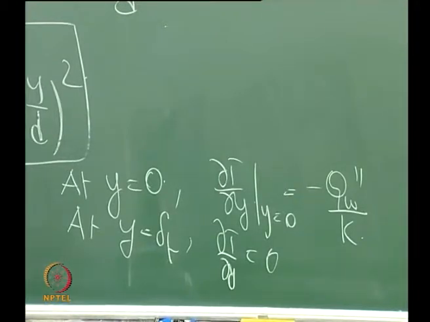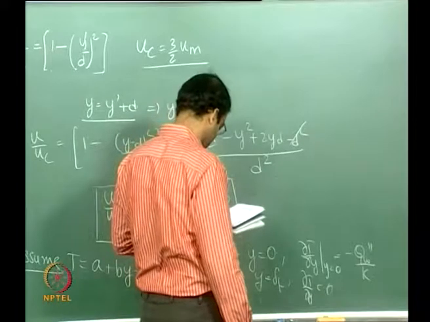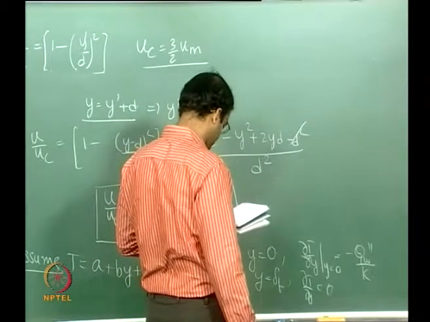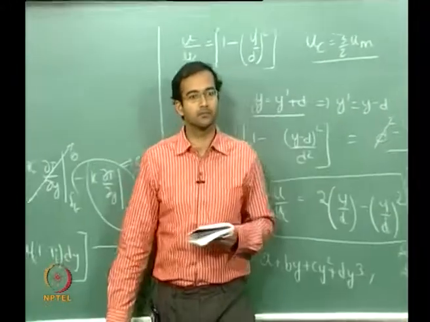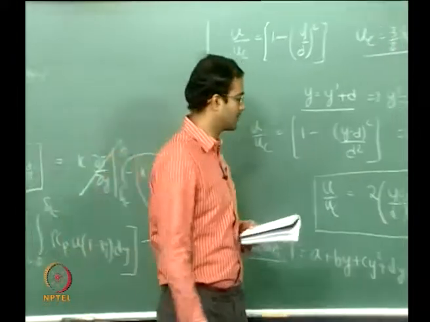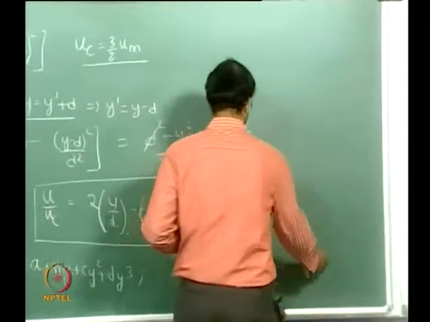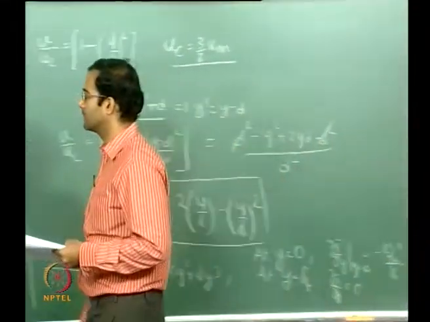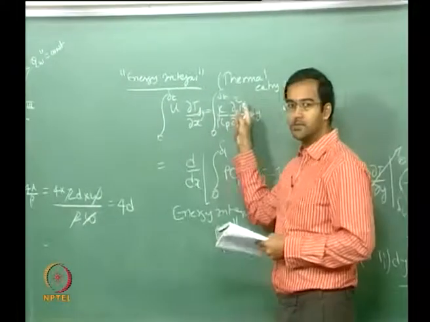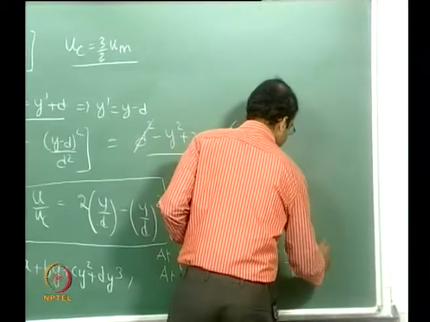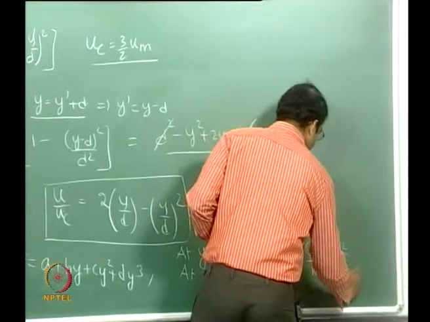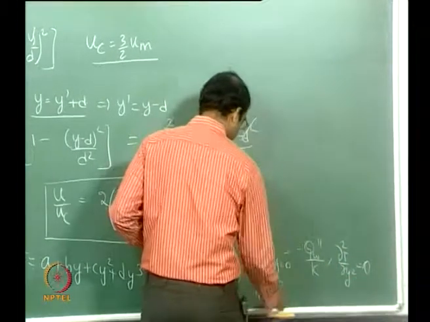The third one: at y equal to 0, if you look at the energy integral, your velocity is 0, therefore d square T by dy square has to be 0, right? So we need one more.